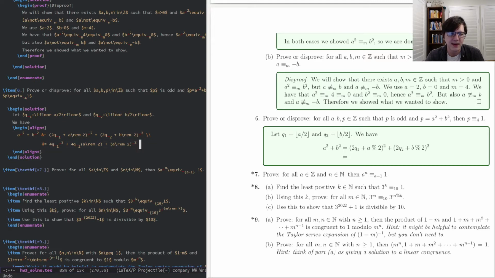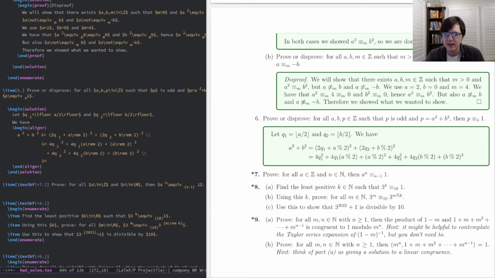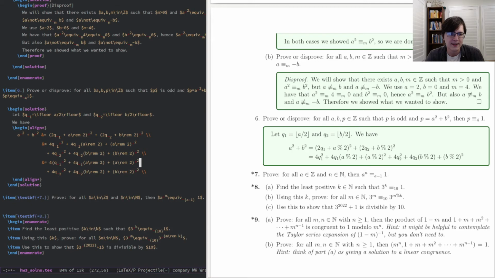It's always going to be the same thing as the unsquared version. So then we also have this all with b and q2. Let's see, how are we doing for space? Yeah, it's kind of ugly, but not so bad. So now we got all these things that are a multiple of 4, which is why this all works.